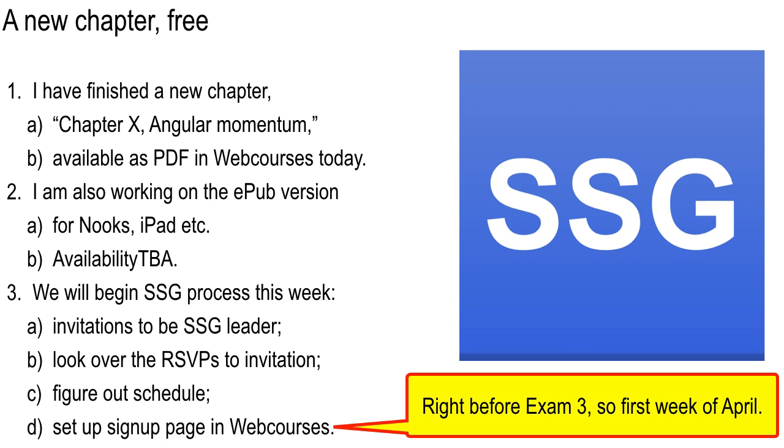I'd like to be able to say everybody can get into SSG if they want, but we never have enough SSG leaders to get 6 students to work with every SSG leader in their session. So just so you know ahead of time, I wish I could make it more available to everybody, but we just can't.